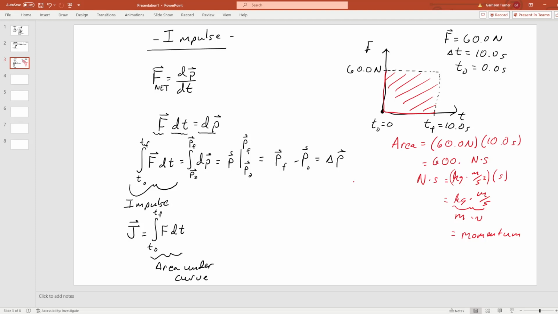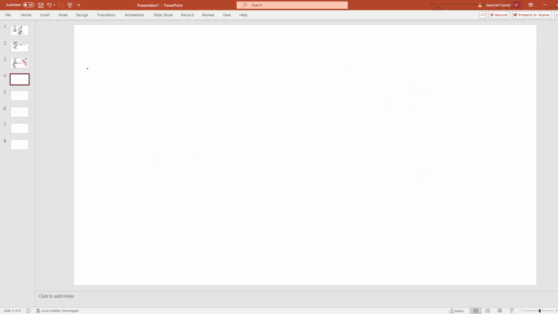But let's do a slightly more sophisticated example. What if my force is a linear function?